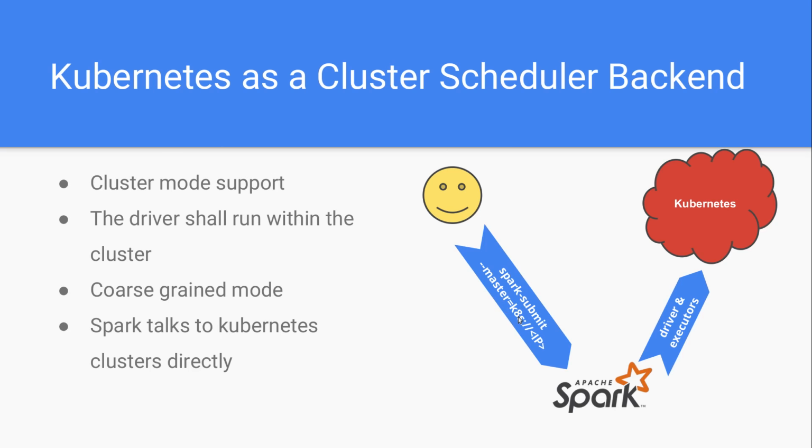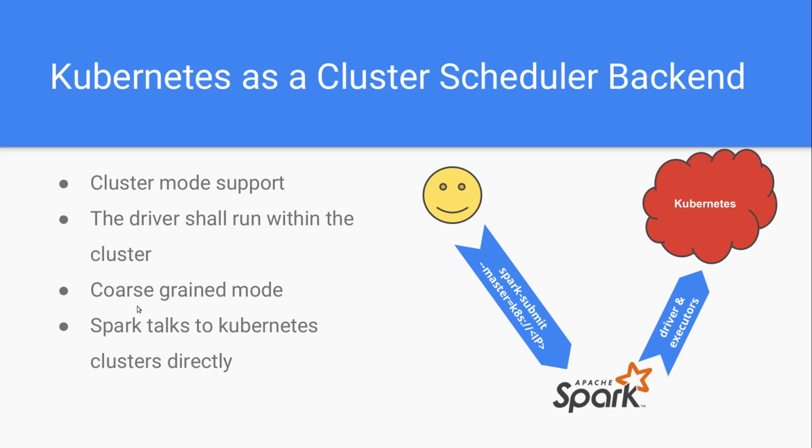Why k8s? K, then eight letters, and S. So we put here 8 and we have K and S. That's why Kubernetes as a cluster scheduler backend, so it's easy to remember this protocol.